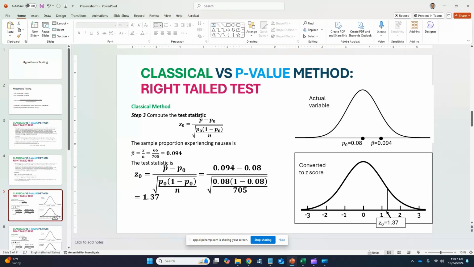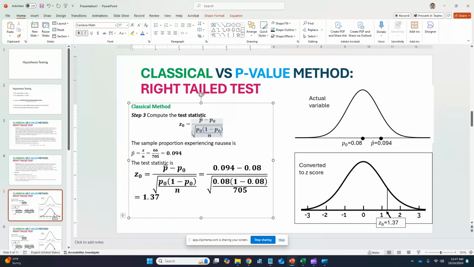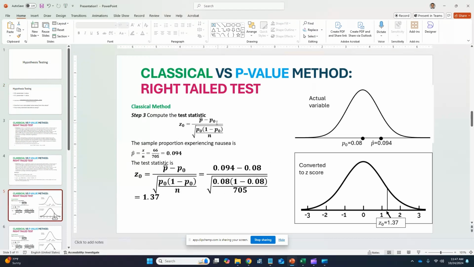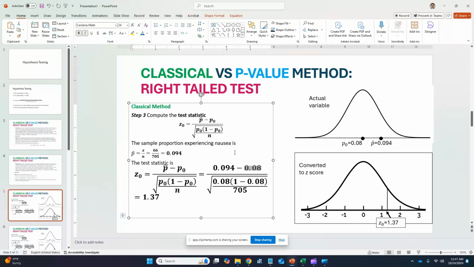And when we do the test statistic, or z-score, this is just the standard deviation for proportion. We have seen this formula before for calculating the standard deviation for any proportion. This is just representing the previous broad outline: calculated value from our sample minus the hypothesized value, over the standard deviation. Now this p0 is what we saw in the placebo group, our hypothesized expected value, that is 0.08.